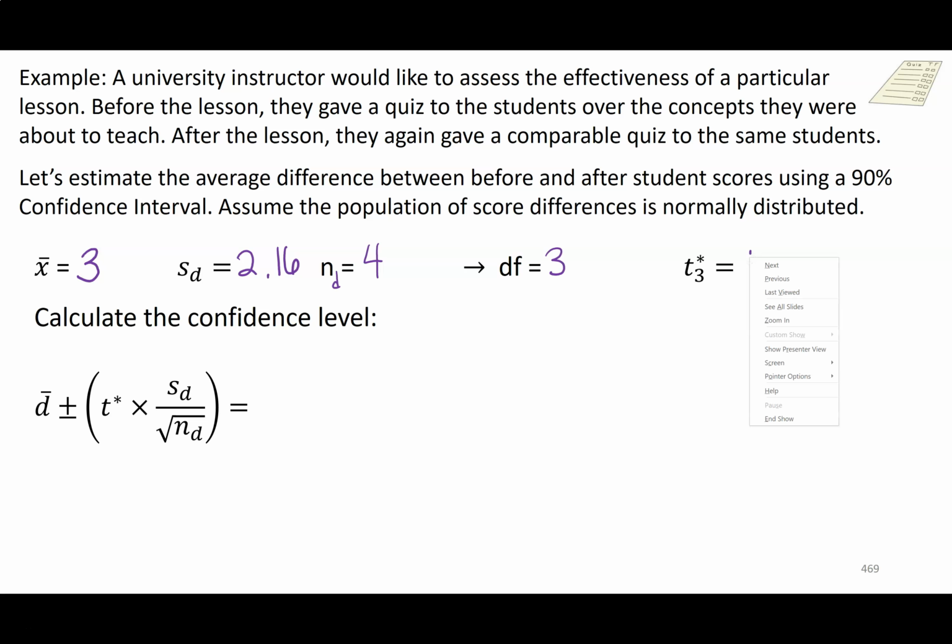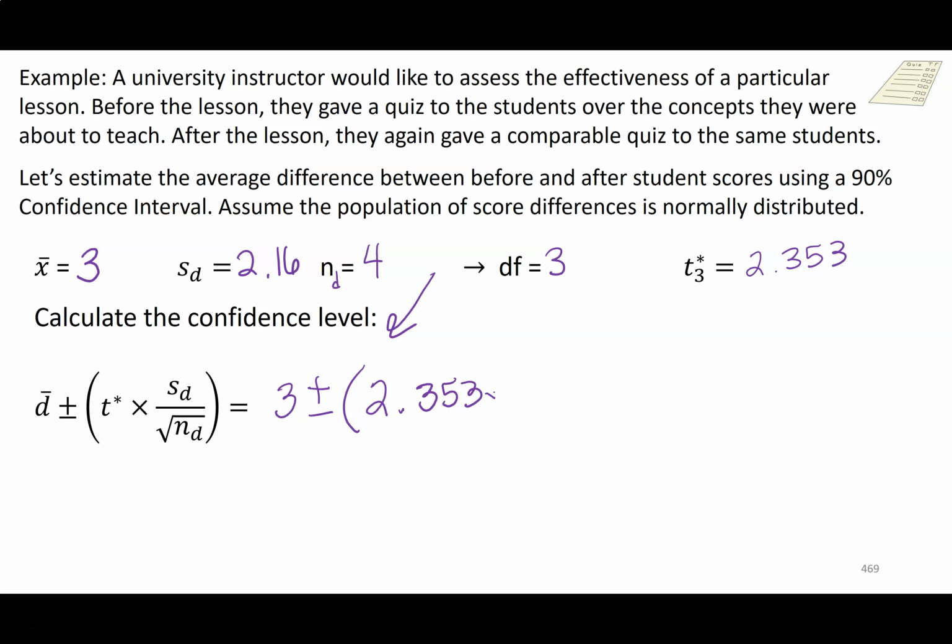This was 2.353. So now I have everything I need to plug in here. So 3 plus or minus 2.353 times 2.16.